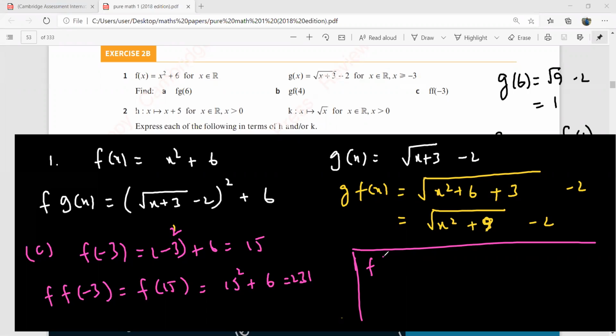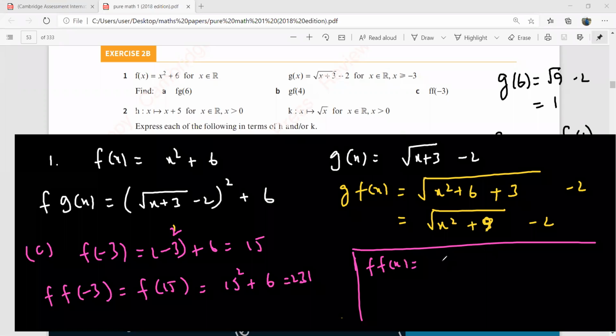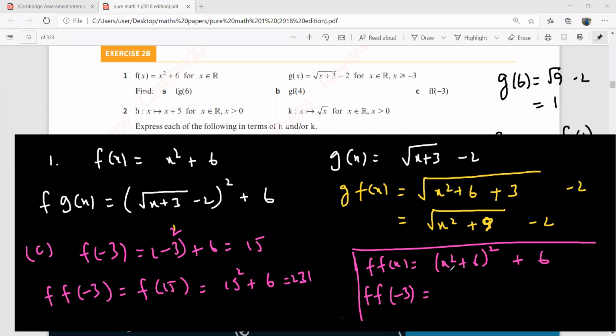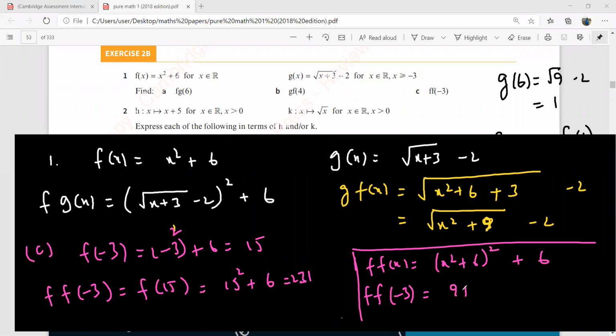You try doing it this way as well. Your f f of x is basically x squared plus 6 squared and then plus 6. Now let's find f f of -3. So that would be -3 square is 9, plus 6 square, plus 6.